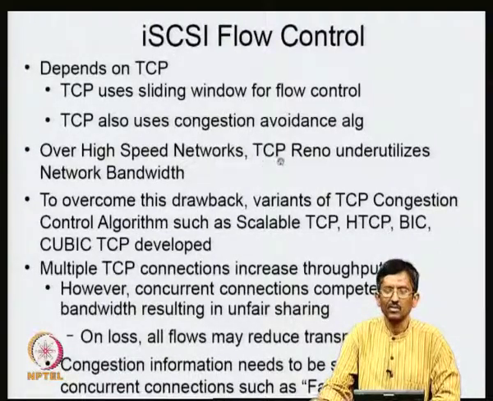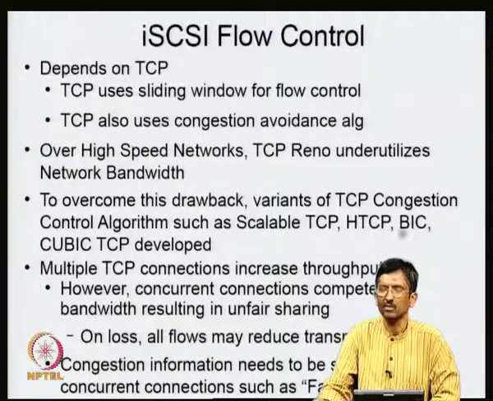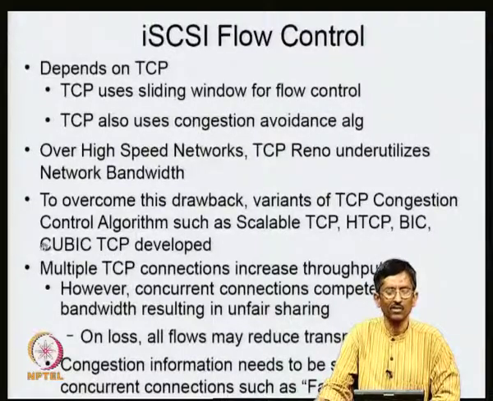Okay. So since TCP underutilizes network bandwidth, we need to have different models of TCP. There are various other types of models that have been proposed. We will look at a few of them briefly. For example, there is something called scalable TCP, HTCP, BIC, cubic TCP, etc. As I mentioned, cubic TCP is the one that is currently in recent versions of the Linux kernel. Sometime back, there used to be something called BIC, which is no longer available in the standard Linux kernels.